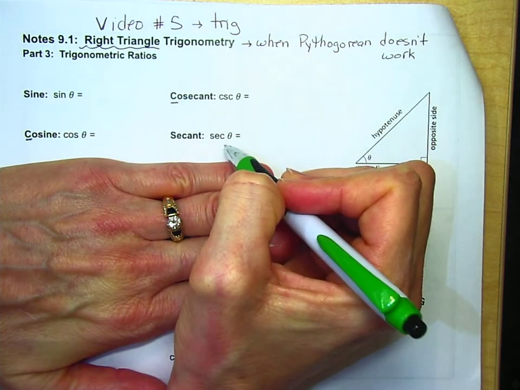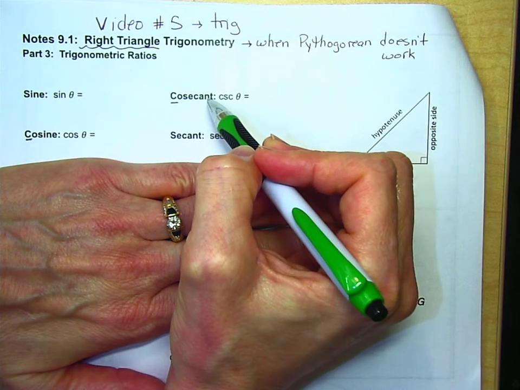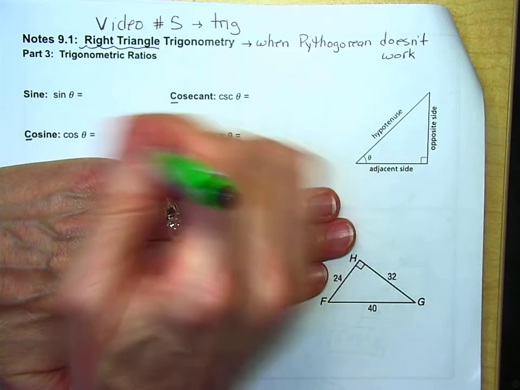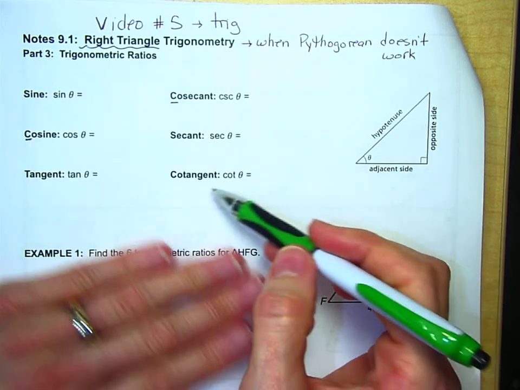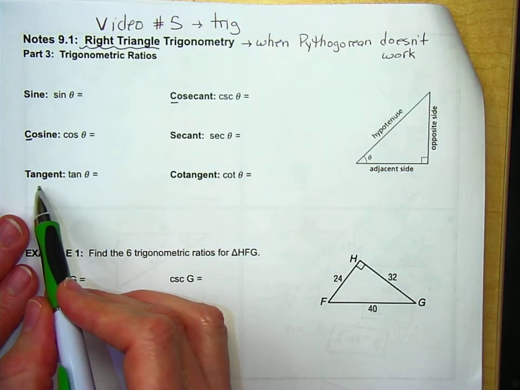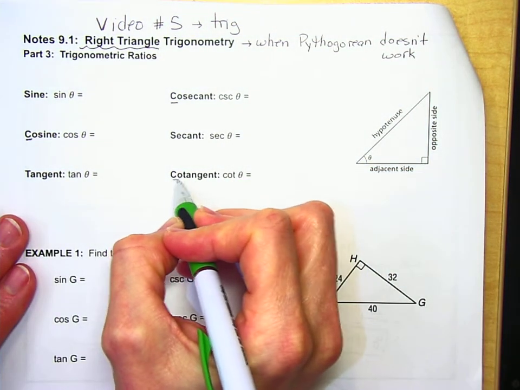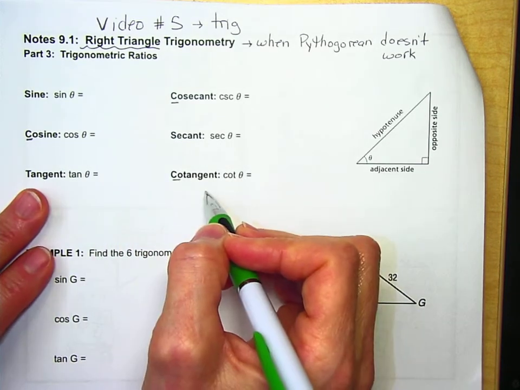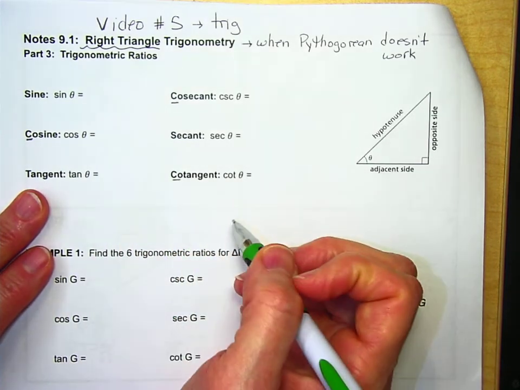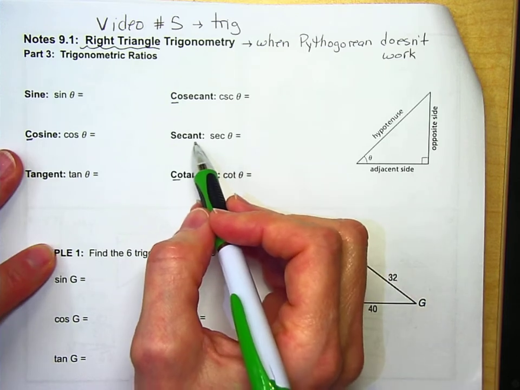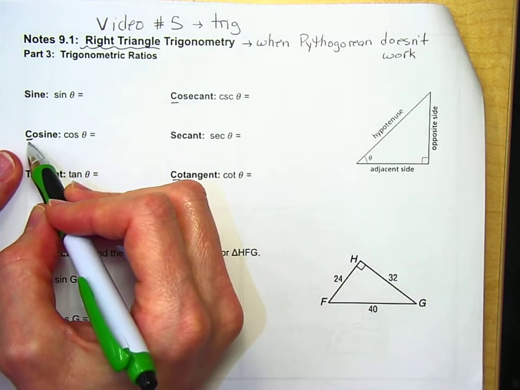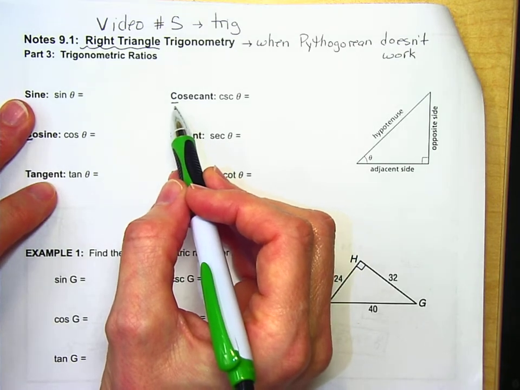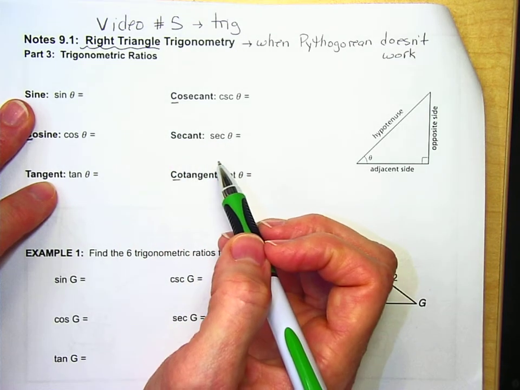So this cannot pair with cosecant, because that's a co. It has to pair with secant. So one co. There's the co. And over here, there can only be one co. So tangent has to pair with cotangent, because there's the co. These two are easy because they look like they go together, right? So cosine has to pair with secant because there can only be one co. And sine has to pair with cosecant because there's the co right there.